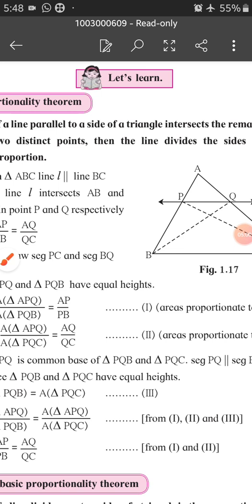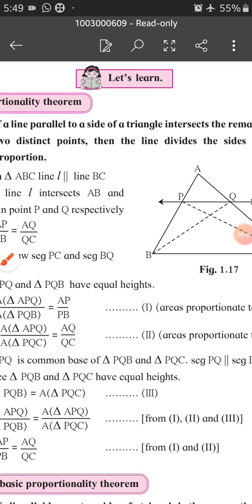And about their bases, for both the triangles the base is PQ. So if you observe both the triangles carefully, you will find that both have equal height and equal base. So by property 4, if the heights and bases are the same, then the areas are the same. So by that fourth property, area of triangle PQB equals area of triangle PQC.